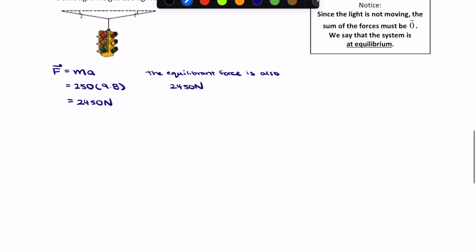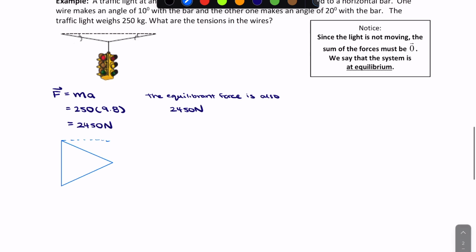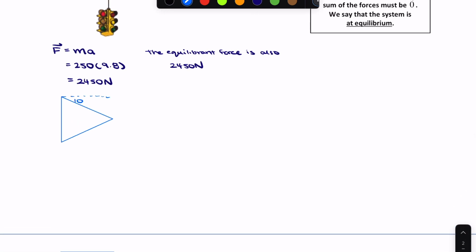Okay, so here, if we draw the diagram, again we have one wire that makes an angle of 10 degrees. So write that here, 10 degrees.